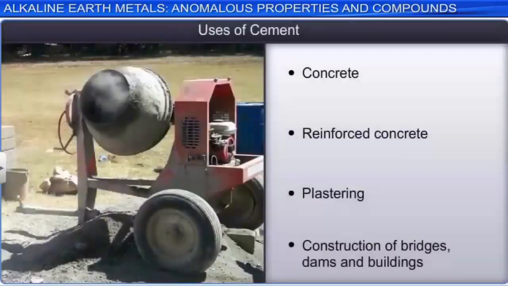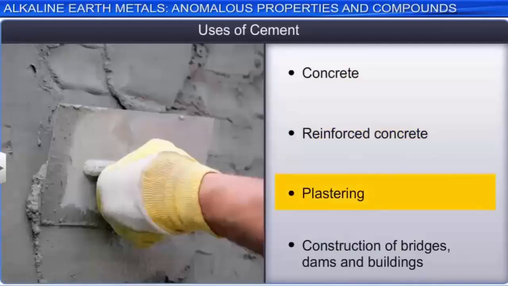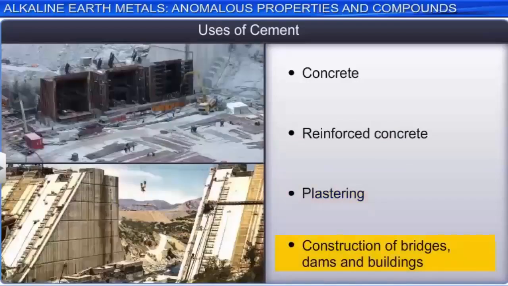Cement is used to make concrete and reinforced concrete. It is used in plastering as well. It is best known for its use in the construction of bridges, dams, and buildings of all sorts.